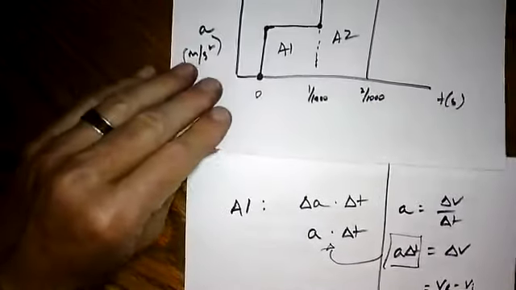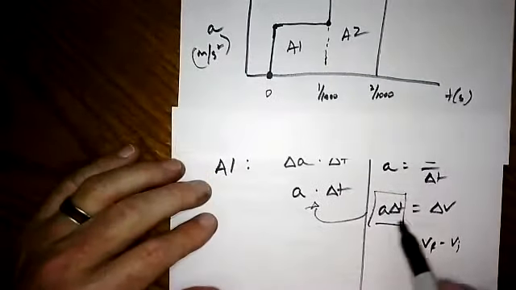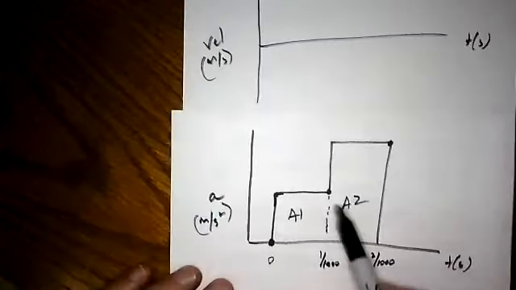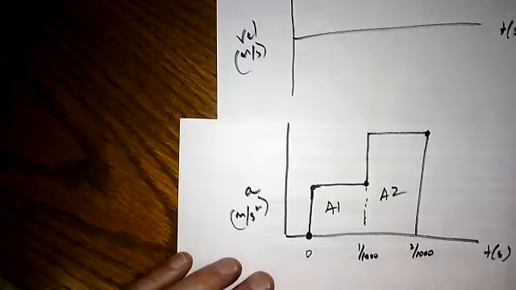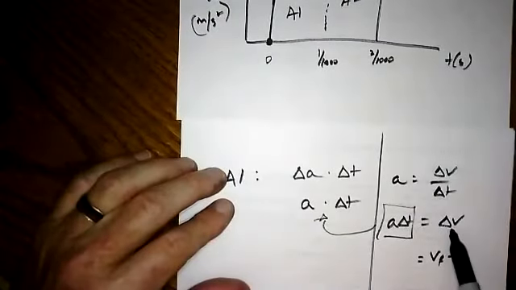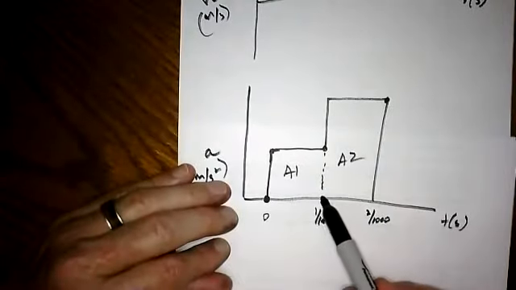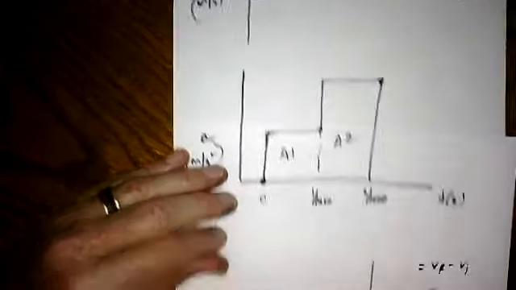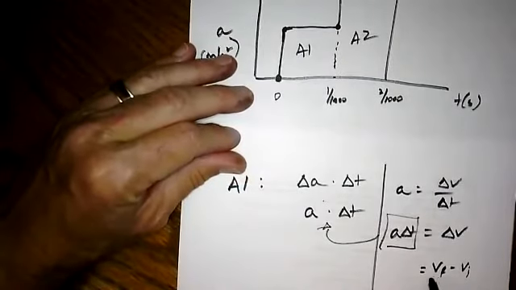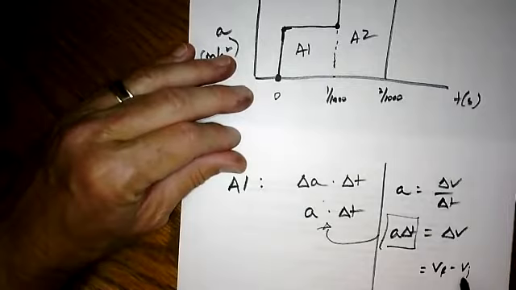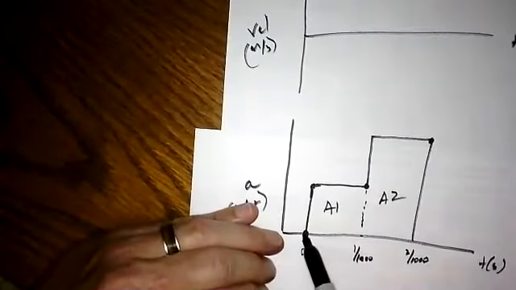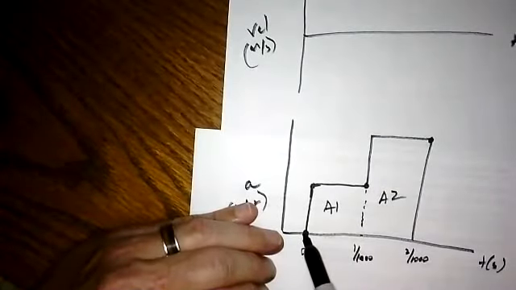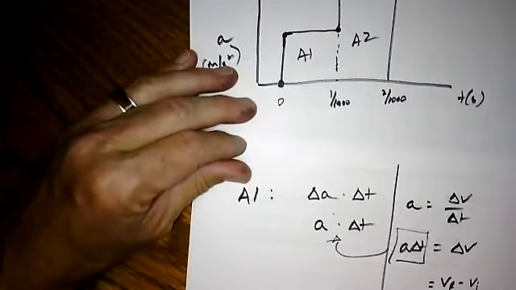All right, now I've got a little bit of a problem here. I know A because I have my data here. I know delta t because I know my time interval here. Vf will be the final velocity at this moment in time, and I don't know that yet. I also don't know Vi, which would be the initial velocity at time 0.